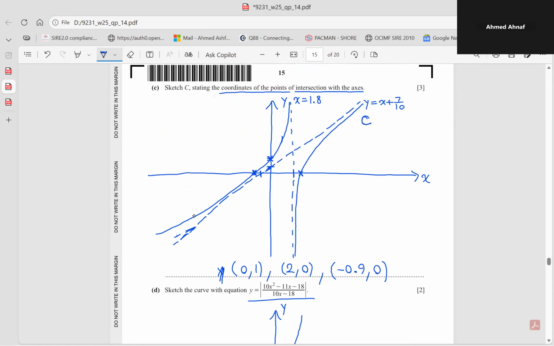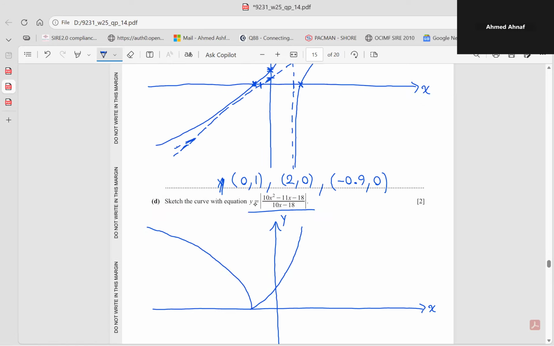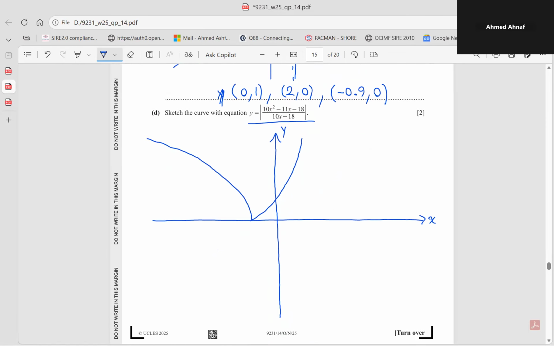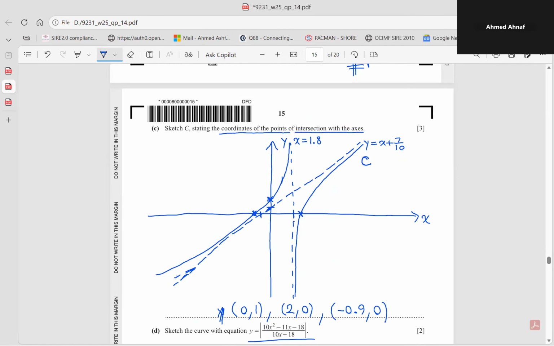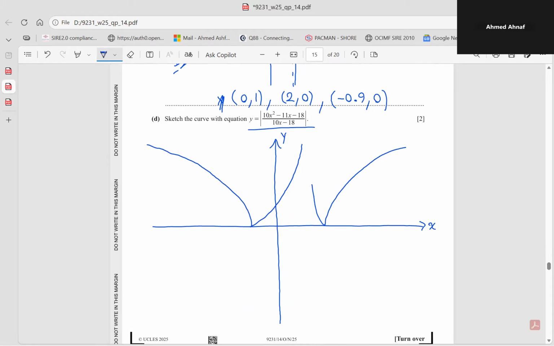So it'll be like this. And for this, it's going to just shoot up. And this one is going to be nearly vertical.